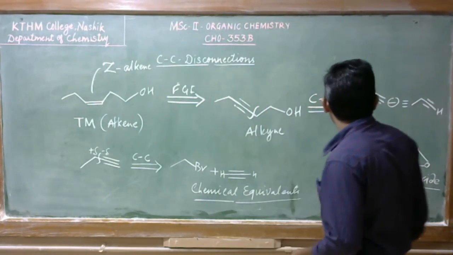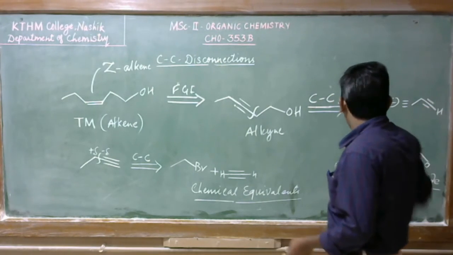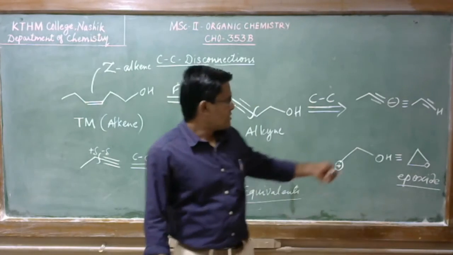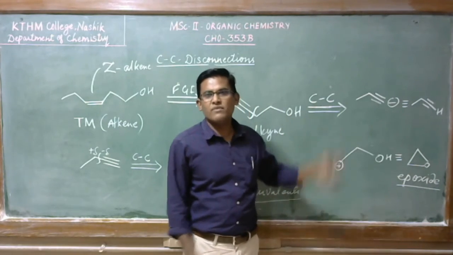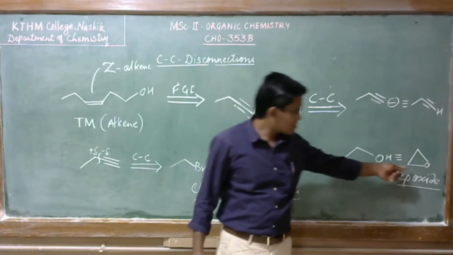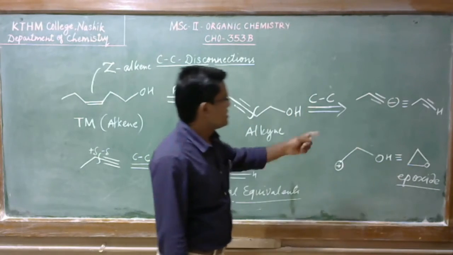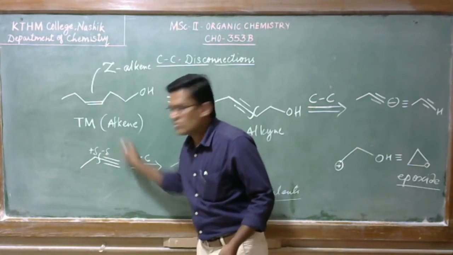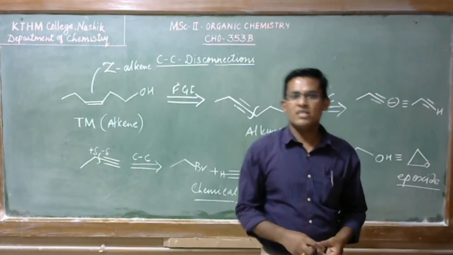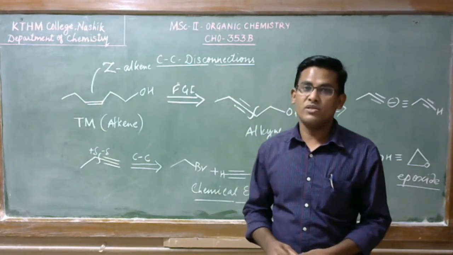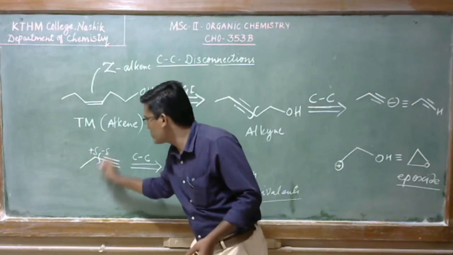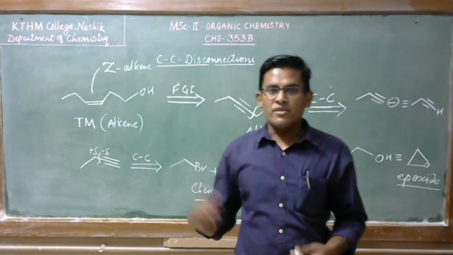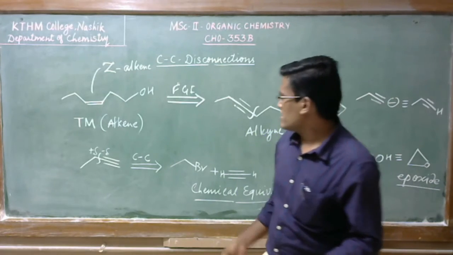After having these two synthons, this disconnection will end up with this epoxide and this substituted alkyne. Again, this ethyl group can be installed by a substitution reaction of this alkyne.